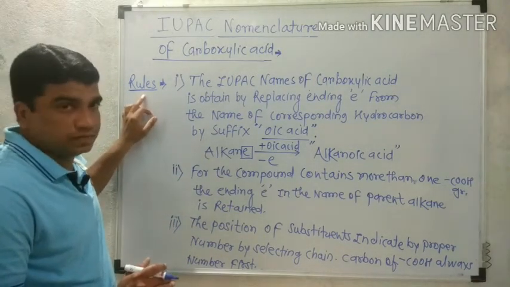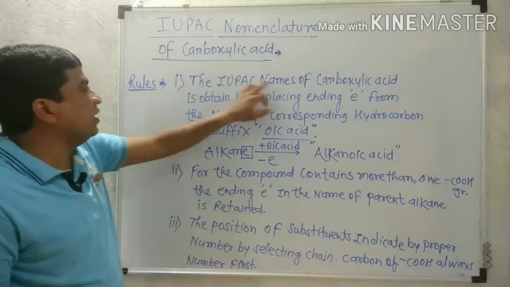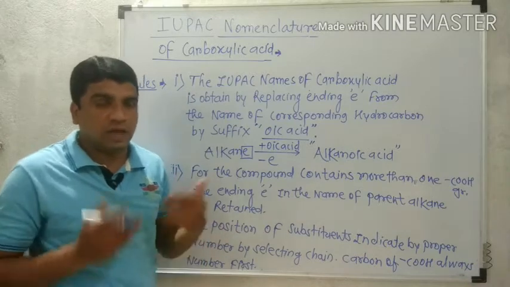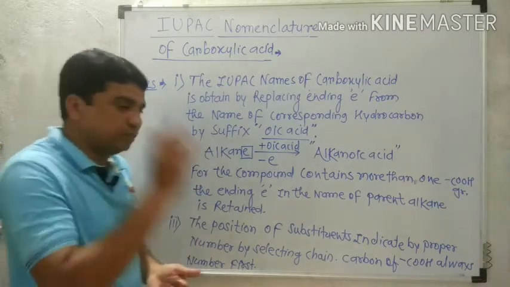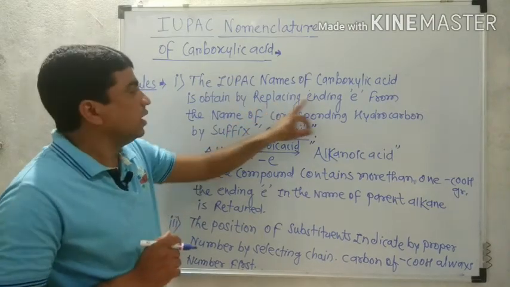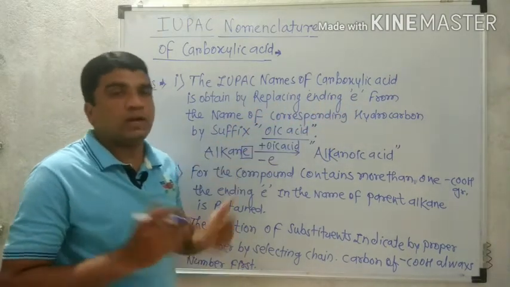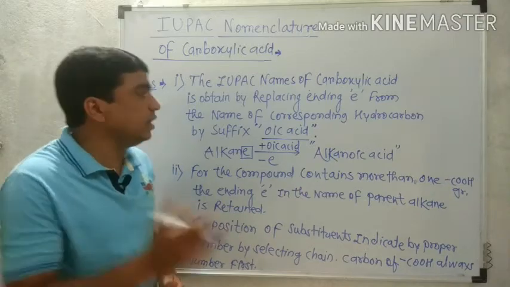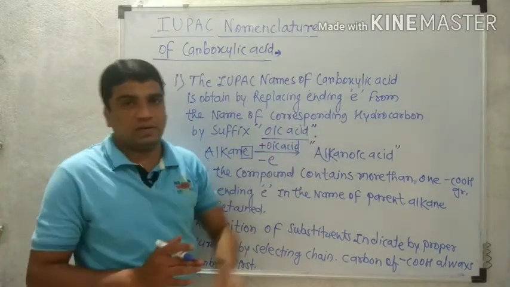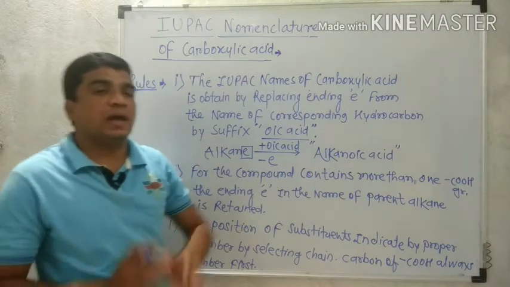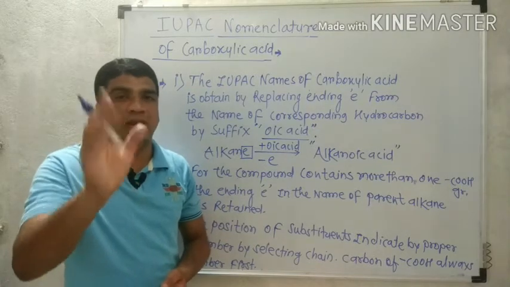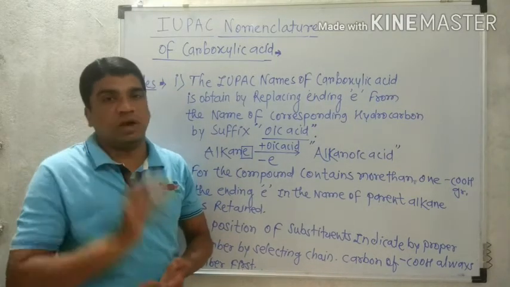The first rule: the IUPAC name of the respective carboxylic acid is obtained by replacing the ending E from the name of the corresponding hydrocarbon. Carboxylic acids are considered as derivatives of alkane, that is hydrocarbon.